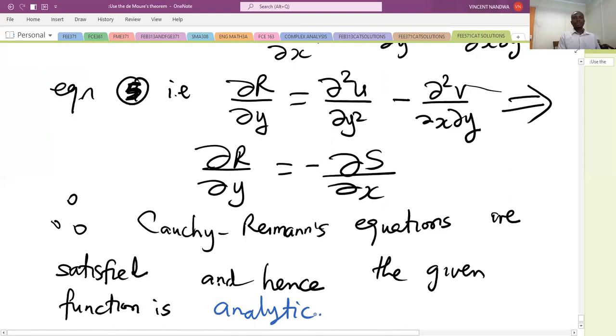So that's how we are supposed to prove the given statement.